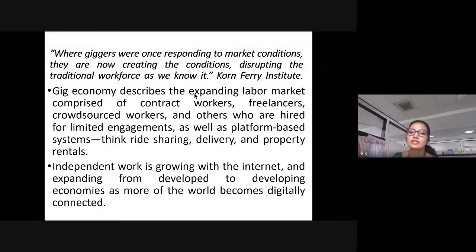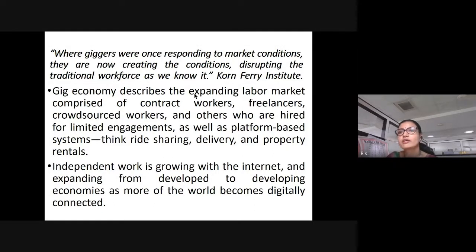So the gig economy describes the expanding labor market comprised of contract workers, freelancers, crowdsourced workers, and others who are hired for limited engagements. They form a platform based on, okay, ride sharing, carpooling, or bike ride sharing, or delivery systems, or property rentals. Everything is changing.